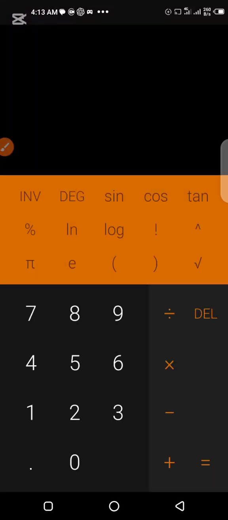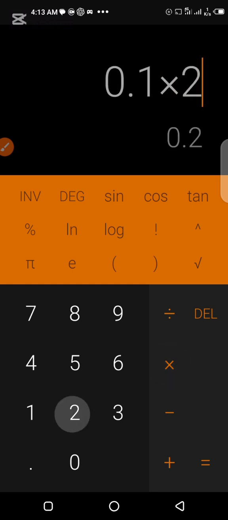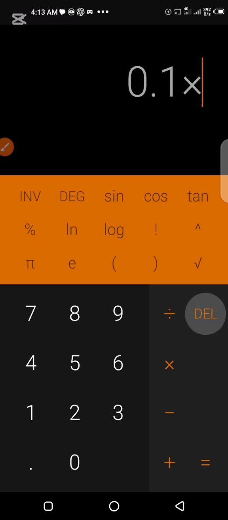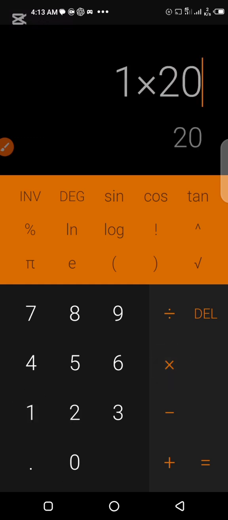So I'm risking 0.1, that's the minimum lot size, times it by 20. I'm using one lot size, which is $1, times it by 20 will give it.